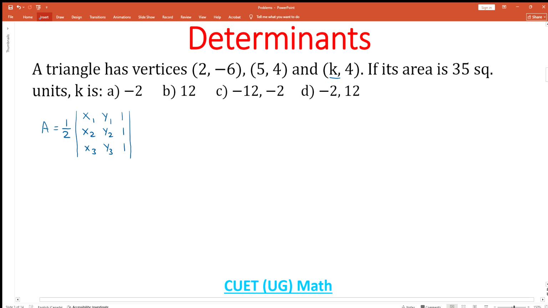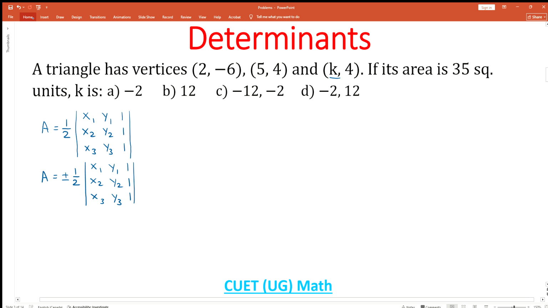So for this type of problem, we can change the area formula to A equals plus minus 1 over 2 times the determinant of the 3 by 3 matrix x1, y1, 1, x2, y2, 1, x3, y3, 1.